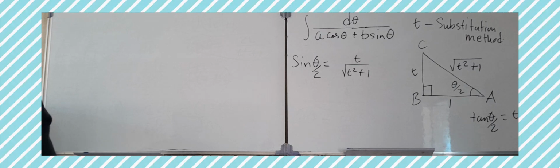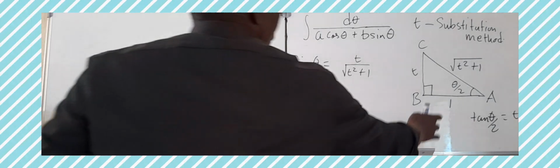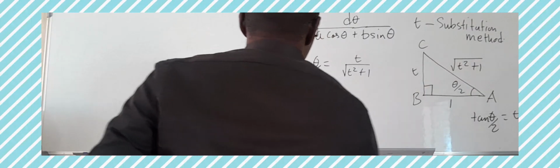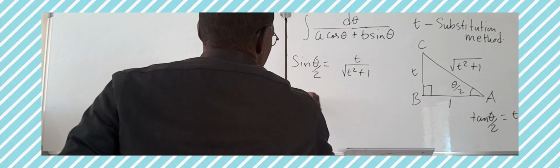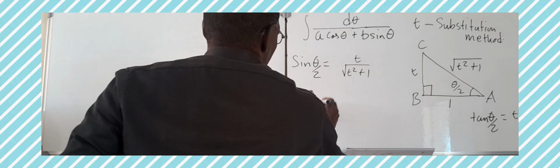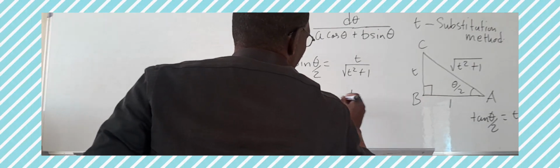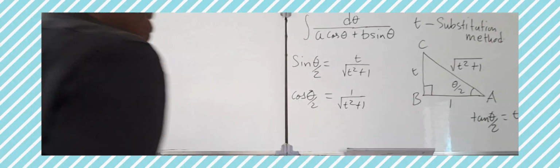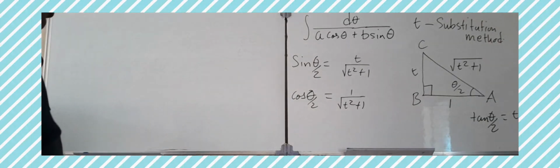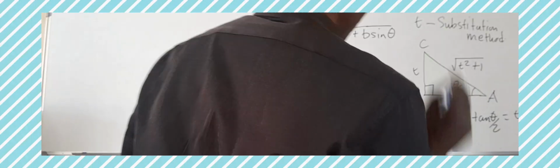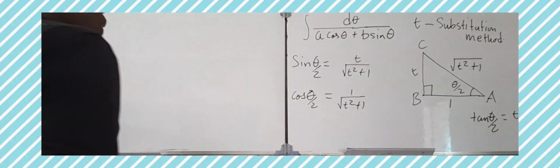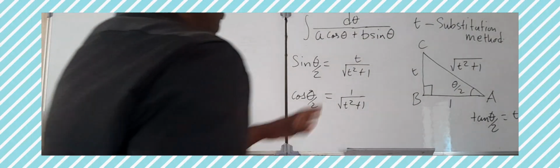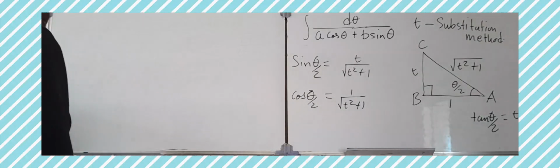Cosine of theta over 2 is adjacent over hypotenuse, which is 1 over the square root of T squared plus 1. Now we've got sine of theta over 2, cosine of theta over 2, and tan of theta over 2, all of them expressed in terms of T.